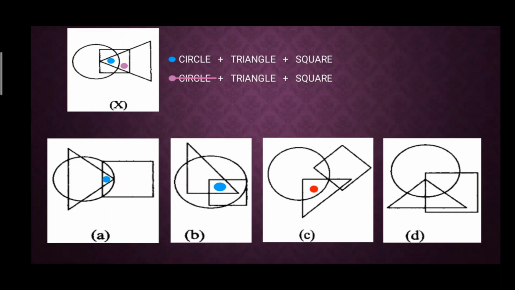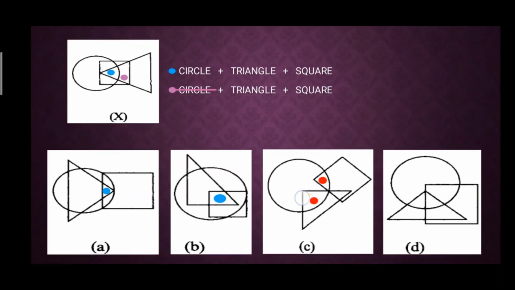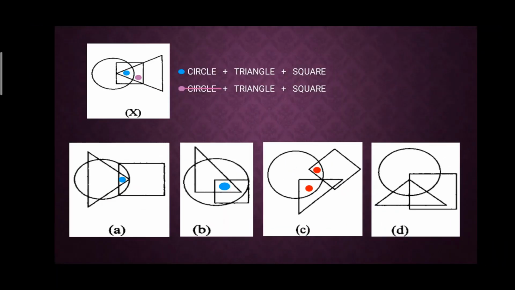In option C, as you can see, you will not be able to find the area which is enclosed by all the 3 figures. Either you will be able to find the circle and the triangle here, or you will be able to find the square and the circle. Now I want all the 3 figures, so in option C I am not able to find the blue dot. Therefore I can eliminate this option directly.